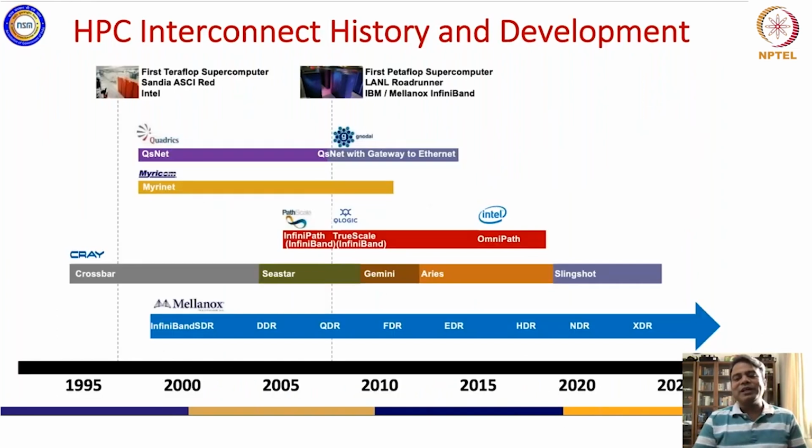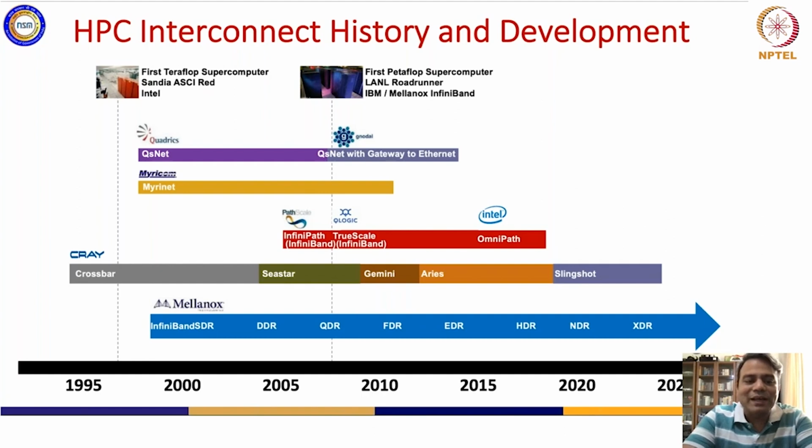Before I go there, let's do a little bit of history. If you look at the HPC interconnect history and development, it starts right from the early 90s, where we had Cray as one of the leading supercomputing companies. They started off with a crossbar interconnect to link multiple compute elements.